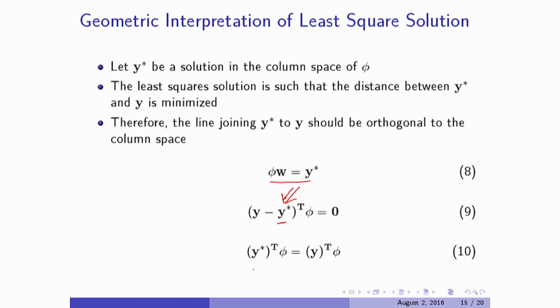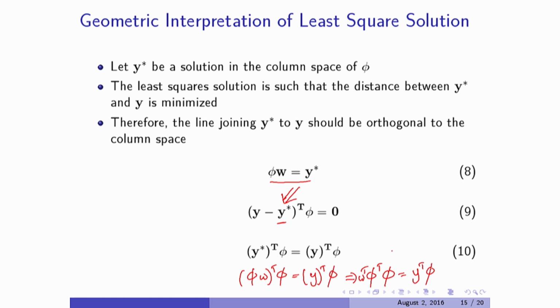Or rather, the next step, which is (phi w) transpose phi equals y transpose phi. So with (phi w) transpose rewritten as w transpose phi transpose, equals y transpose phi, and then I would also happily take the transpose of both sides.